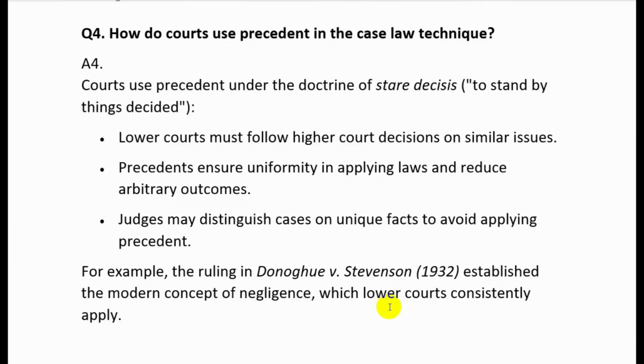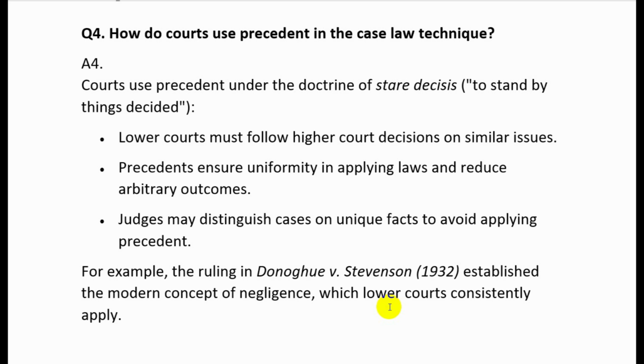How do courts use precedent in the case law technique? Courts use precedent under the doctrine of stare decisis, that is to stand by things decided. Lower courts must follow higher court decisions on similar issues.